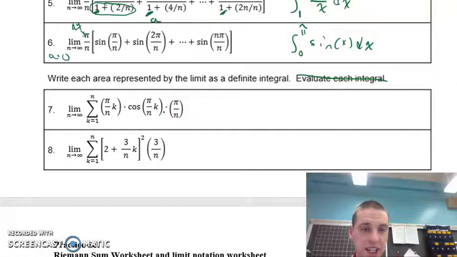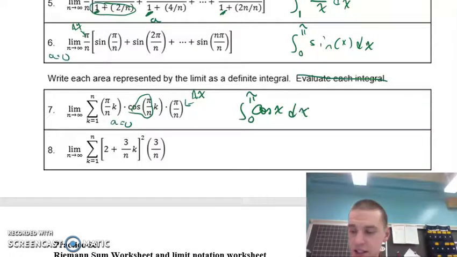So when we look at this, this is our delta x, that pi. And again, there's nothing being added, so we know our a equals 0. So we're going to go from 0 to pi, and clearly this is our function right there. So cosine of x dx.